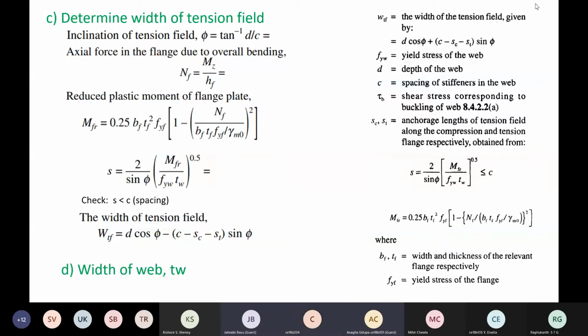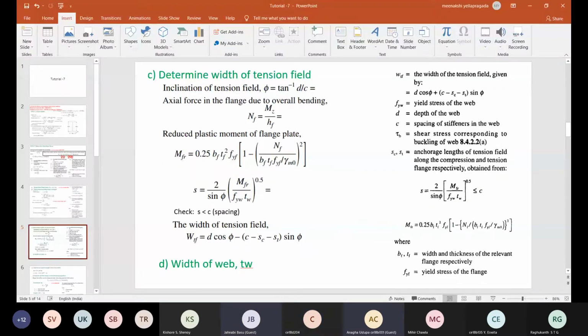Okay, so here TW we have as 8 mm. Ma'am, is it 104.86? Yes, fine.